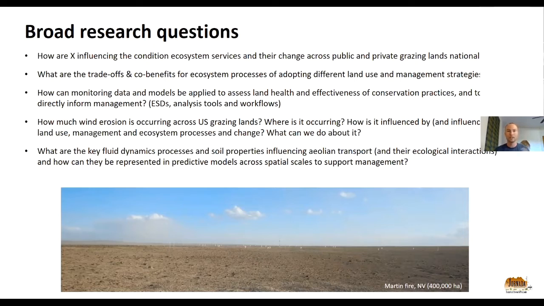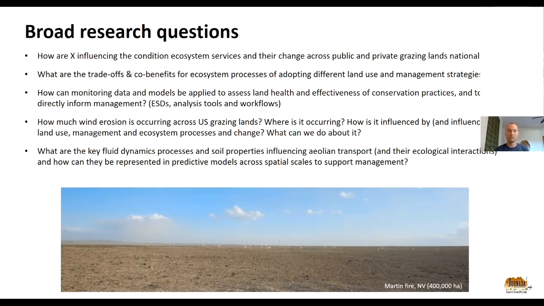So very generally, working with agencies like NRCS and BLM, we're interested in assessing how different land uses and so forth are influencing the condition of ecosystem services across public and private rangelands nationally. We want to be able to develop tools for these stakeholders to assess trade-offs and co-benefits of different land use and management strategies for various ecosystem processes.